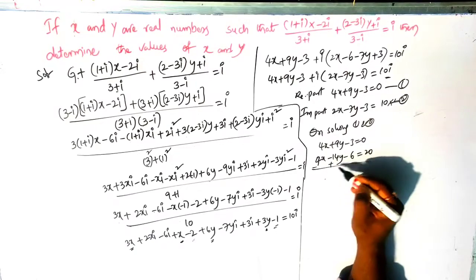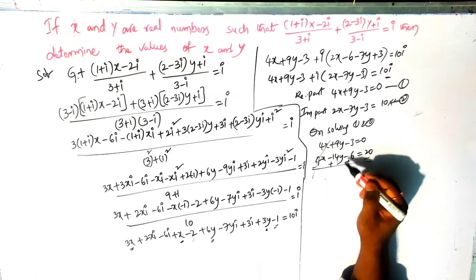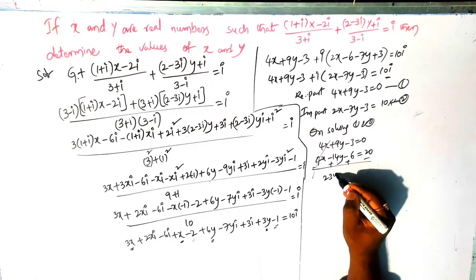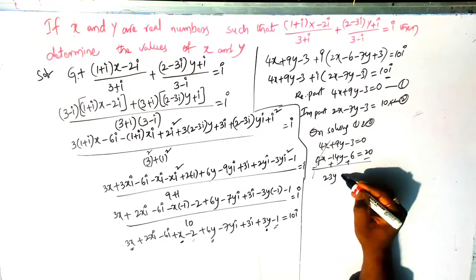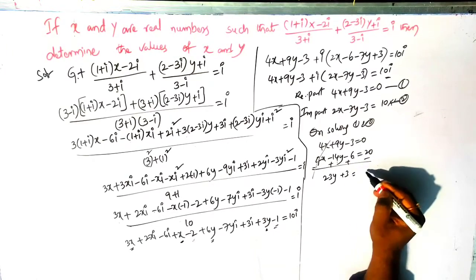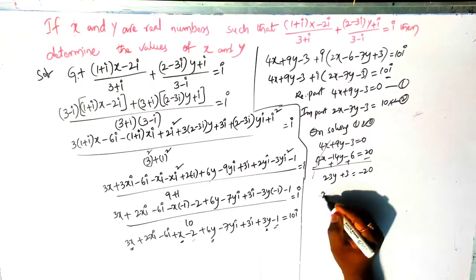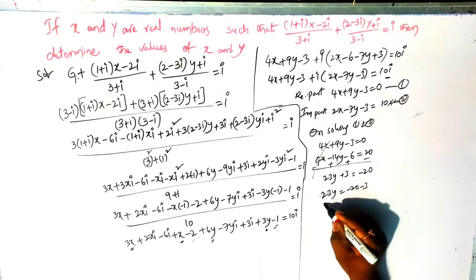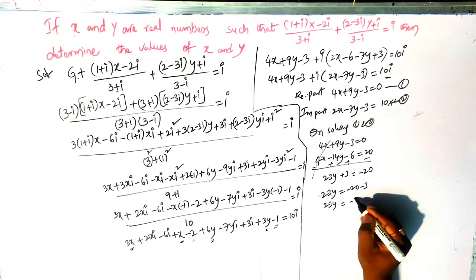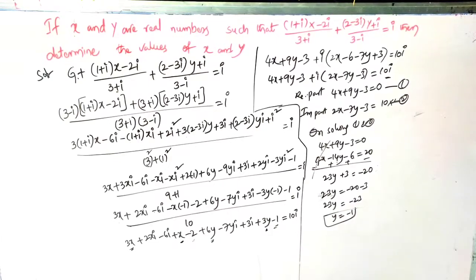So minus plus minus, 14 plus 9, 23y. So minus plus 3 is equal to minus 20. So 23y is equal to minus 20 minus 3. So 23y is equal to minus 23. So y equals minus 1 we got here.